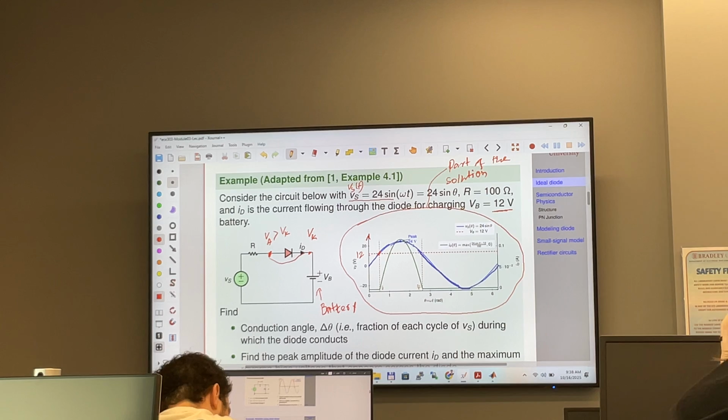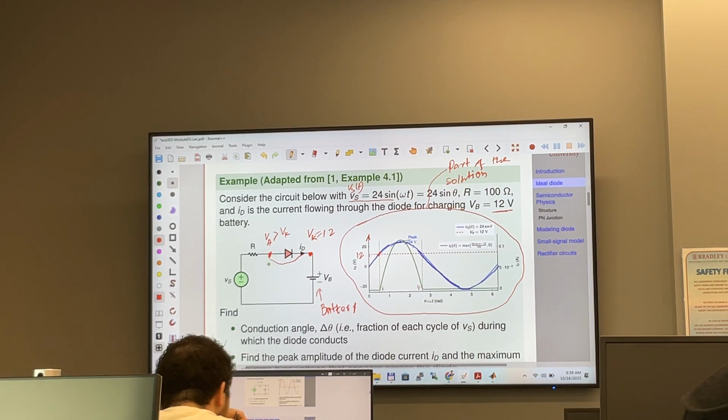Can you substitute 12 in for VK? Yeah, VK here is 12 volt, because this node voltage is 12 volt already. Good point. So when this voltage is a little over 12 volt, the diode comes on.